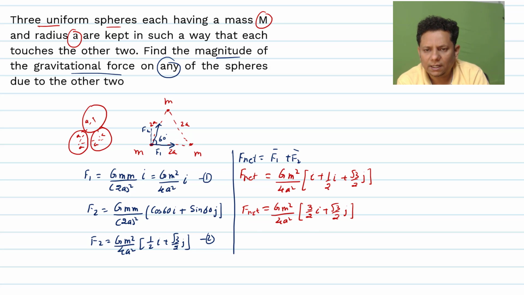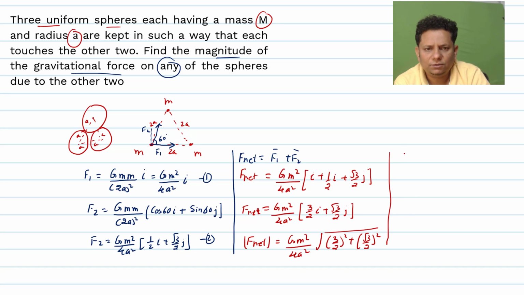Now we have to find its magnitude. We want to find the magnitude. So the magnitude of F net will be equal to G M square divided by 4a square, under root of (3 by 2) square plus (root 3 by 2) square.